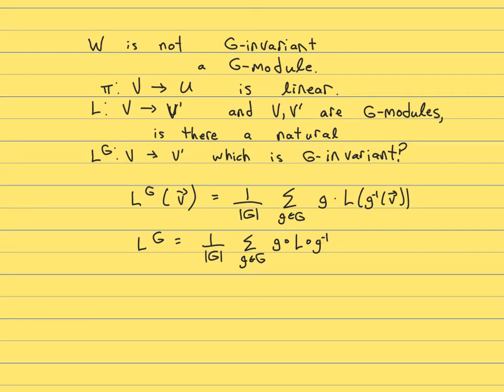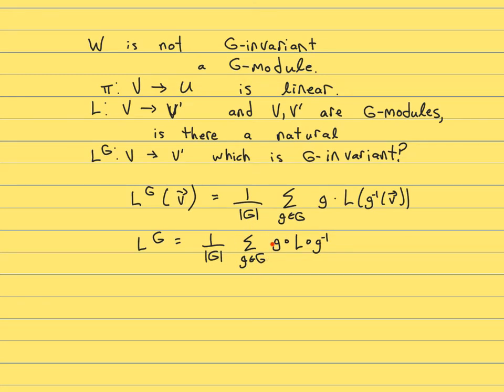So this is a linear transformation from V to itself. This is a transformation from V to V prime. This is a transformation from V prime to itself. So this composition is a linear transformation from V to V prime.